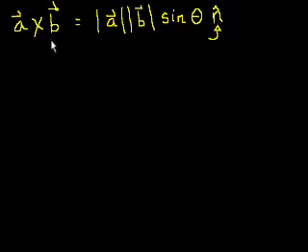One, n is perpendicular to both of these vectors. It is orthogonal to both of these vectors. So we'll think about in a second what that implies, just visually. And the other thing is the direction of this vector is defined by the right-hand rule, and we'll see that in a second.